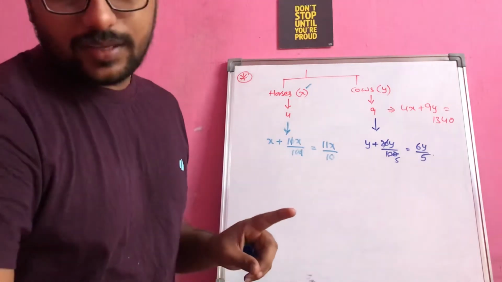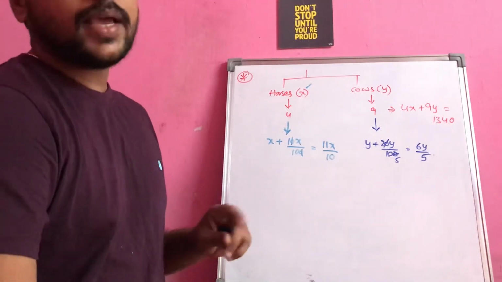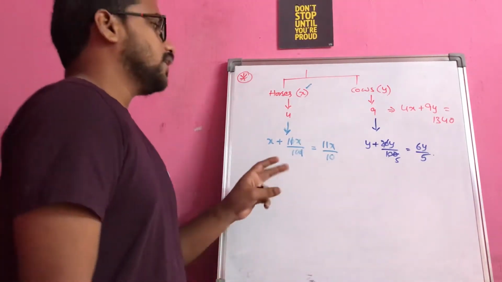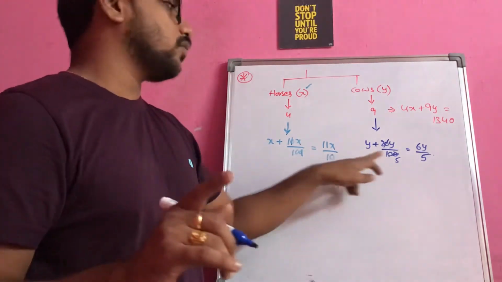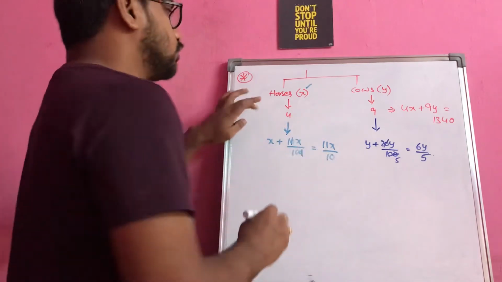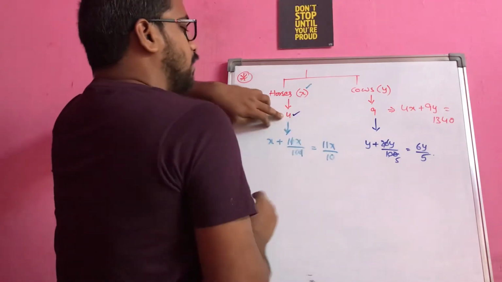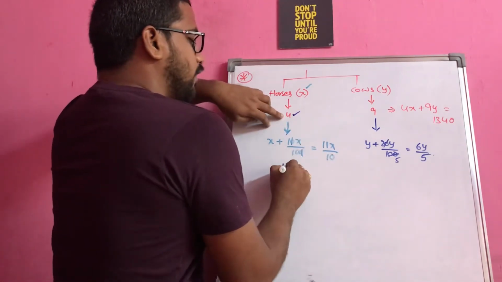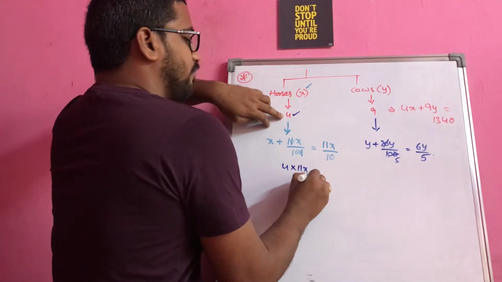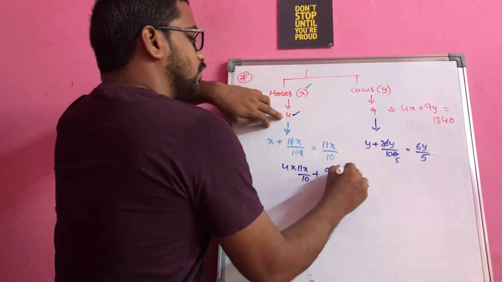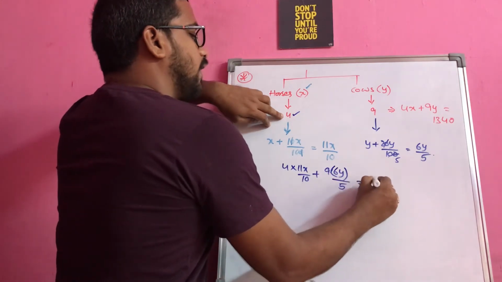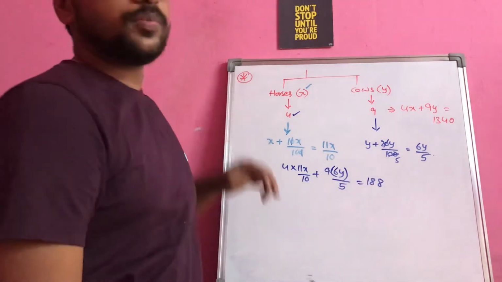But his whole gain is 188. In the sense, you see here, this is one horse's SP, one cow's SP here. So totally he is having 4 in number. So that means 4 into 11x by 10 plus 9 into 6y by 5 is equal to, he gained an amount of 188 rupees.